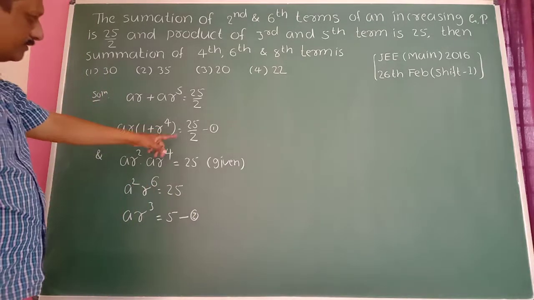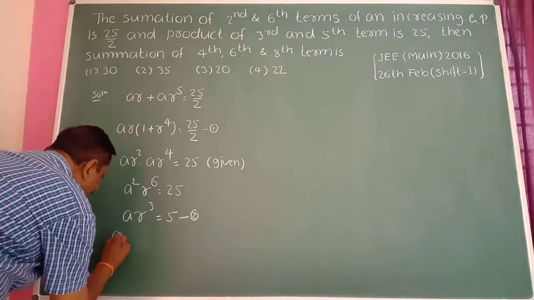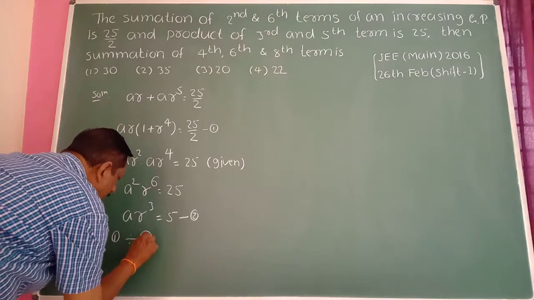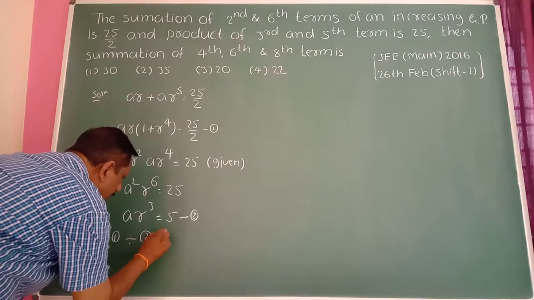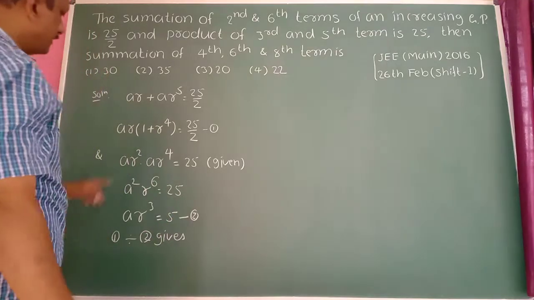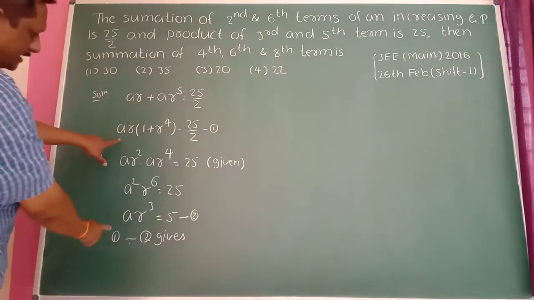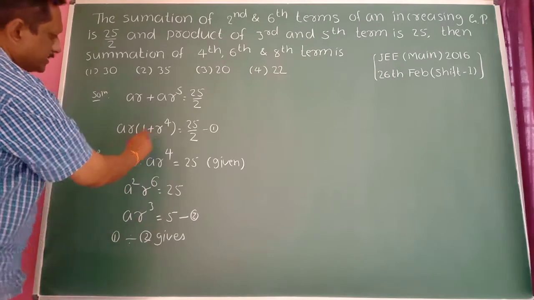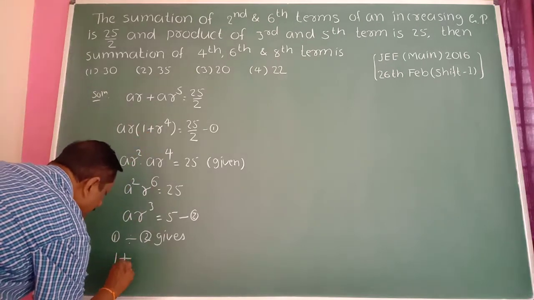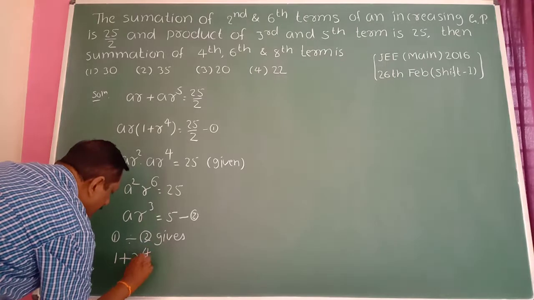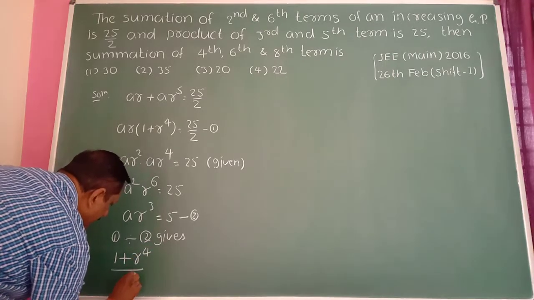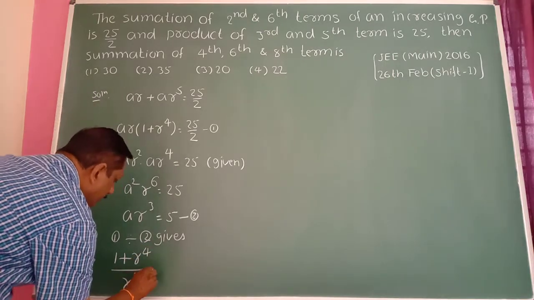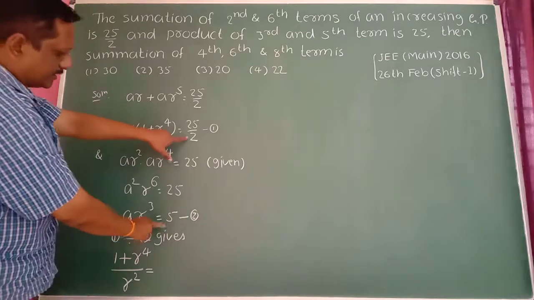Then dividing 1 by 2. Therefore, A and A cancel, R and R cancel, remaining is R^2. So (1 plus R^4) divided by R^2 is equal to this upon this, 5 by 2, since 5 ones are 5.